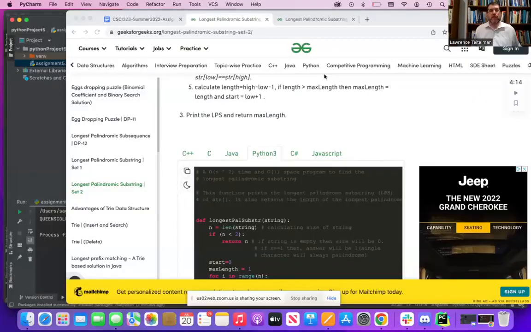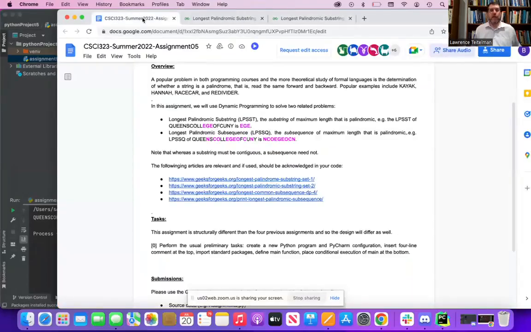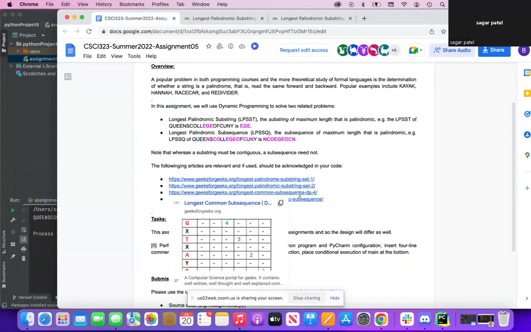Go to the last one, print longest palindromic subsequence. No, look at the links. Print longest, fourth one. Oh, the fourth.